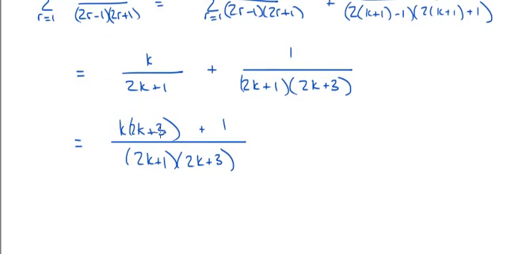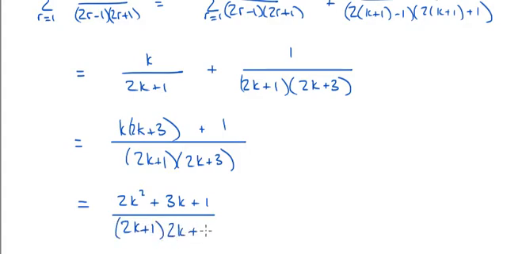This is also a quadratic on the top. So if I expand this out, will it refactorize to something that we want? 2k squared plus 3k plus 1. Yes, it will, because that is 2k plus 1 all squared, I think.